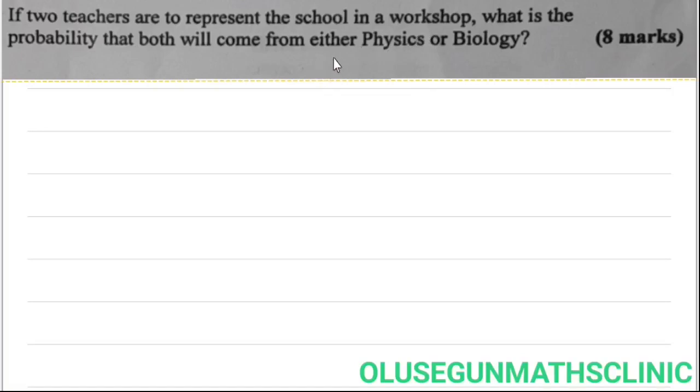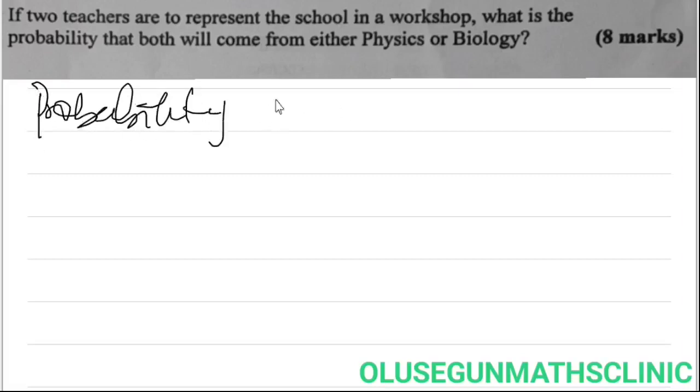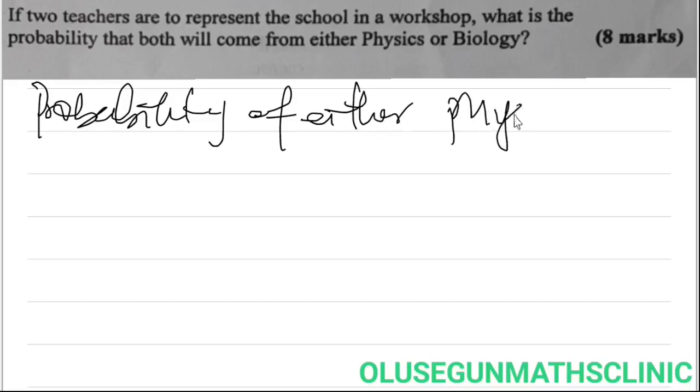To get this probability, the probability of either physics or biology. Now, what will happen is this.